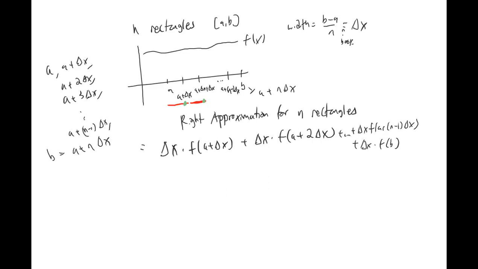So let me just try to convince you of something. Let's go back. I know we want the same width, but let's just focus on 2 to 3. Let's keep the area from 1 to 0 the same. If I just use the right approximation for 2 to 3, it would be like this, right? I would take the height at 3 and then do that, right?